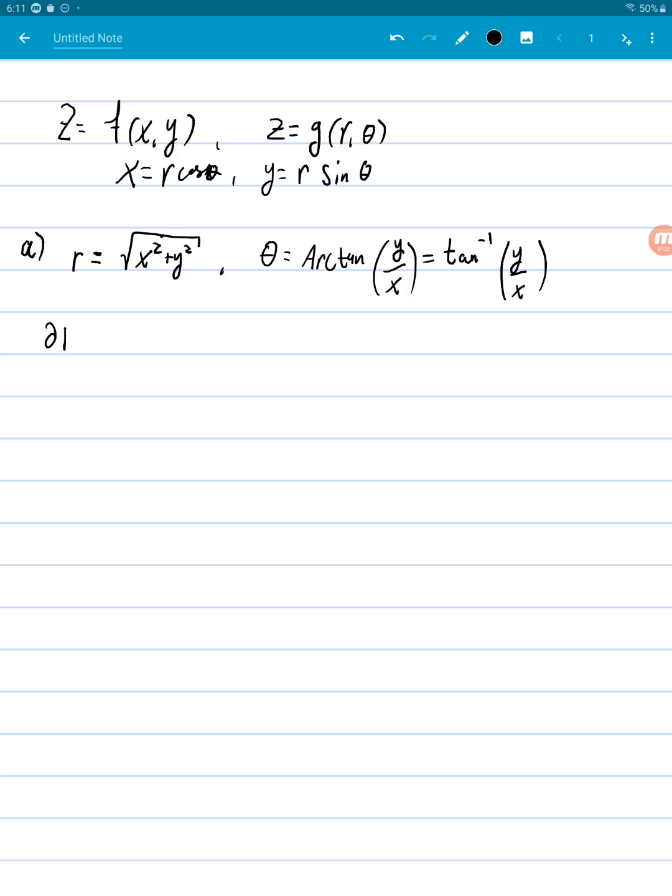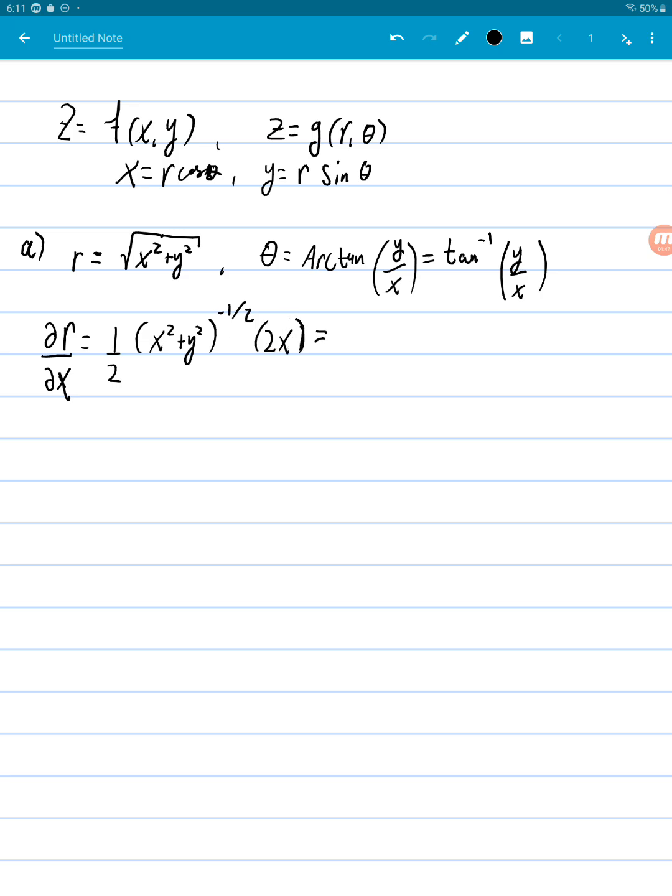So we can take the derivative of r with respect to x pretty directly. We'll have 1/2 of x squared plus y squared, to the power of negative 1/2, applying the chain rule here, times the partial derivative of x squared plus y squared with respect to x, so that's going to be 2x.